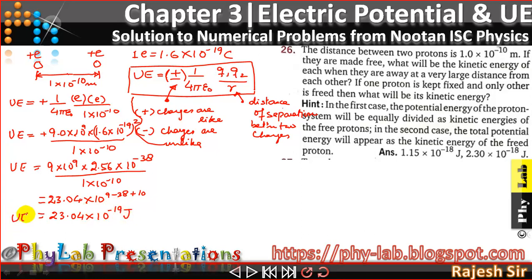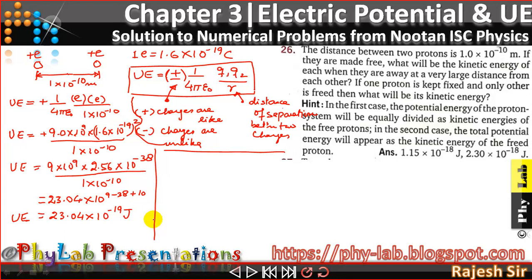So this is the electrostatic potential energy which exists between this pair of protons, friends. Now remember, this is the electrostatic potential energy possessed by the protons when they are kept at a distance of 10^-10 meter apart. Now we are releasing them. So once you release both the protons, then this much is the stored energy.